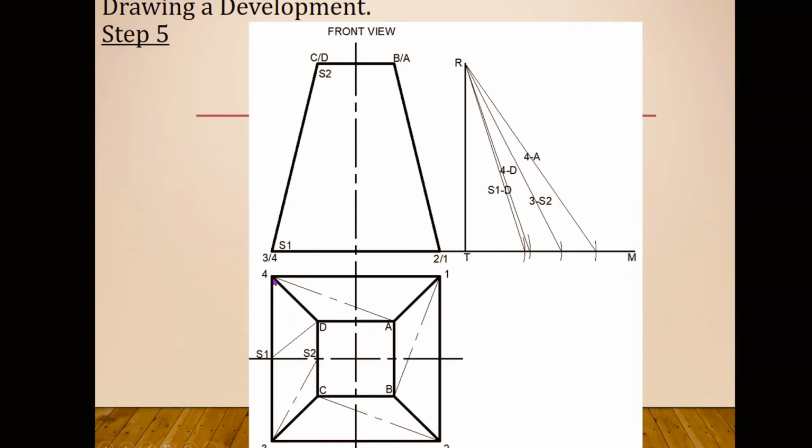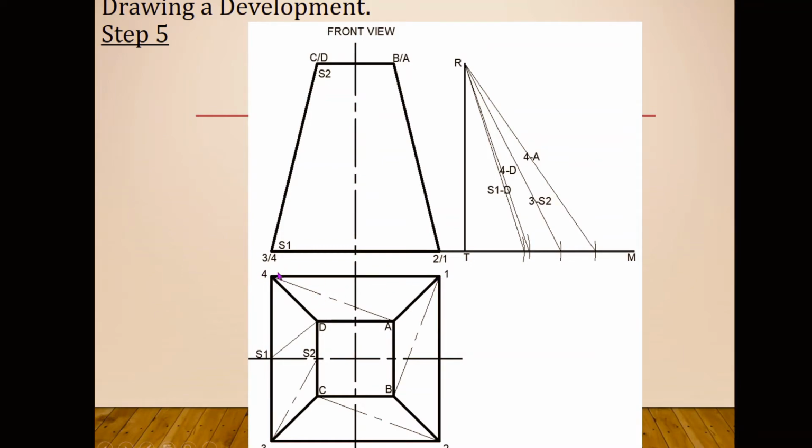It's because if a line is parallel to your XY line, the line that will be projected here will be of a true length, the true size of the line. So there's no need for you to develop a true length. This is a true length.